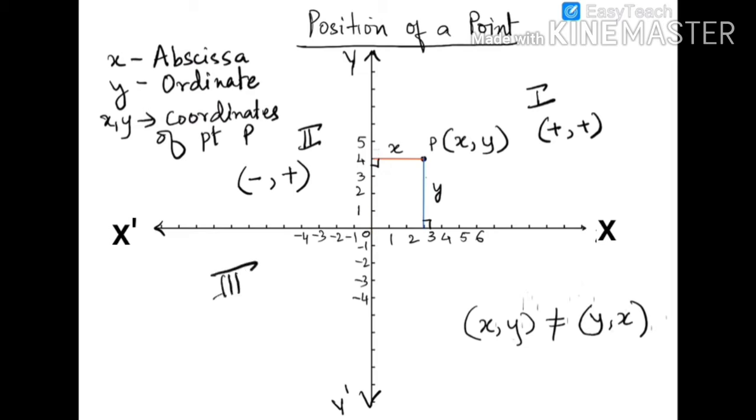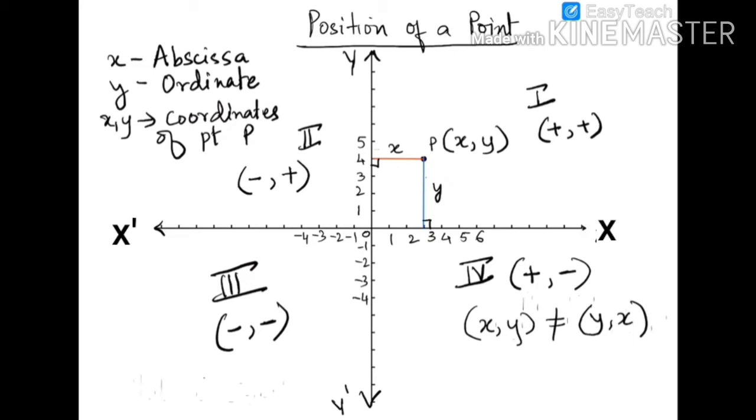Likewise, the third quadrant will have points such that both coordinates are negative, as the x and y axes both are negative. And the fourth quadrant will have points such that the x coordinate is positive and the y coordinate is negative, as the x-axis is positive and the y-axis is negative, that makes the fourth quadrant.